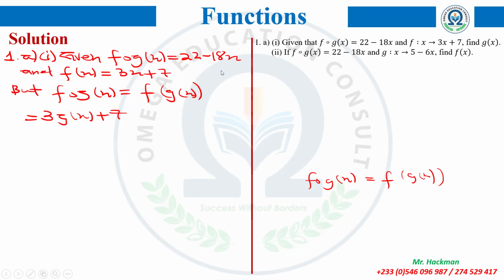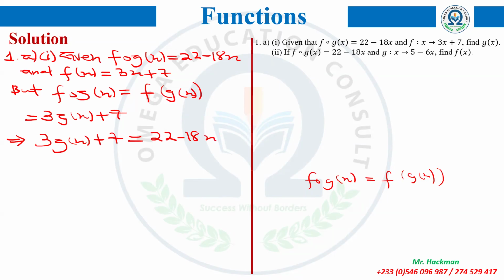If A is equal to B and B is equal to C, then A is equal to C. You get it? So this implies that my 3g of x plus 7 will be equal to the same 22 minus 18x.